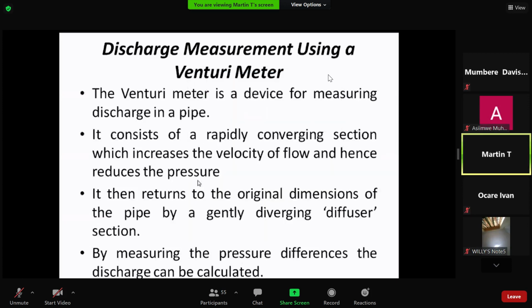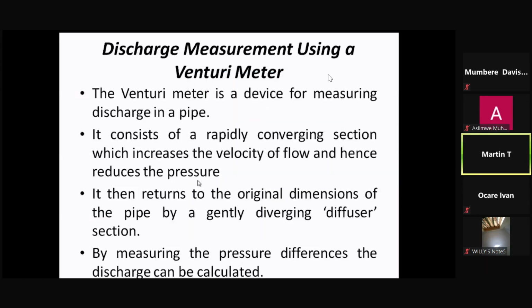The decrease in the section increases velocity, because if Q is equal to VA, you have the same discharge flowing through the cross section. Now, if the cross-section area reduces, since it is still the same Q, then the velocity has to increase.